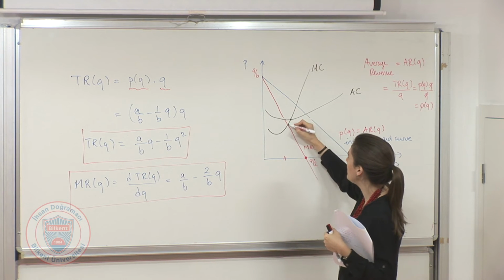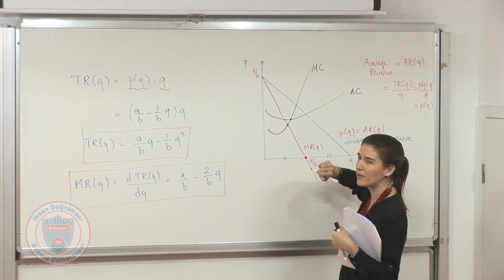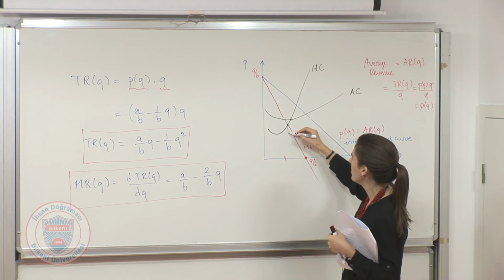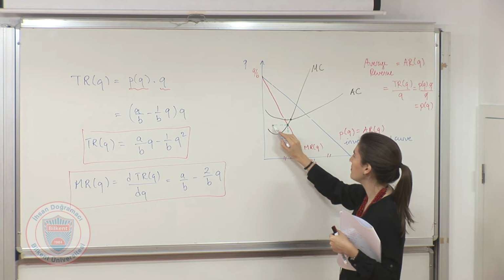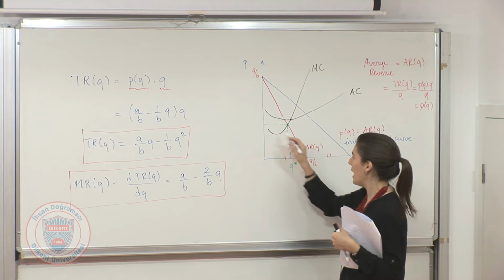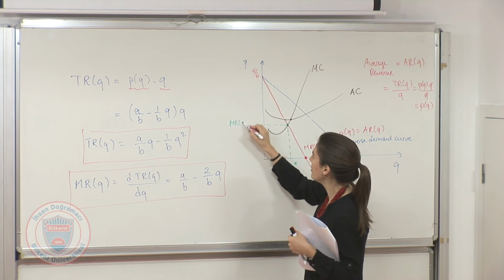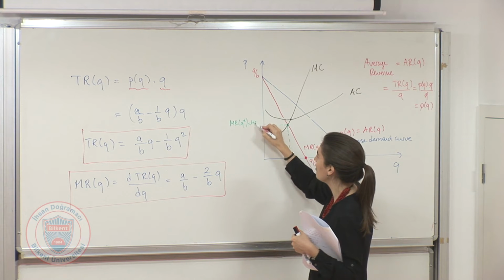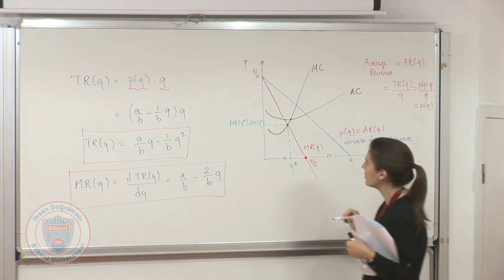This guy should be equal to this guy, so this is the profit maximizing quantity. I put Q star, and this is marginal revenue at Q star, which is equal to marginal cost at Q star.